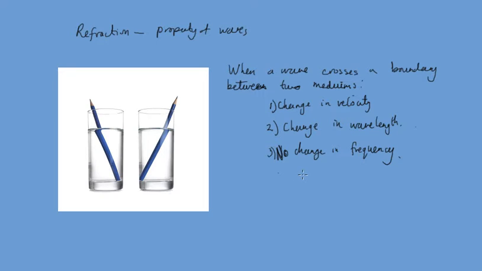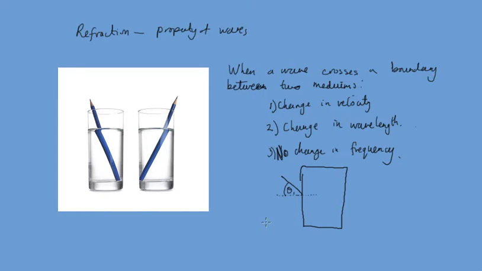So let's say this is a block, a prism, and this is our normal to the prism, and the light comes in at this angle. We'll call this θ1.